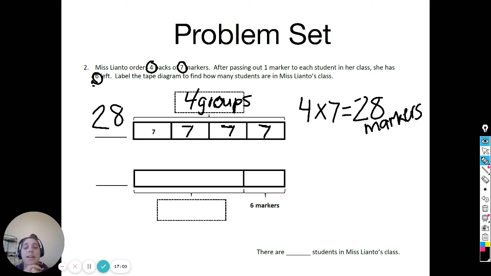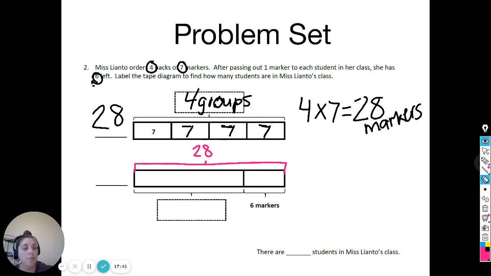Now let's go ahead to our next tape diagram. After passing out 1 marker to each student in her class, she has 6 left. Okay, so if this whole tape diagram is 28, which we know from our last problem that we solved, we're just going to leave it at 28.